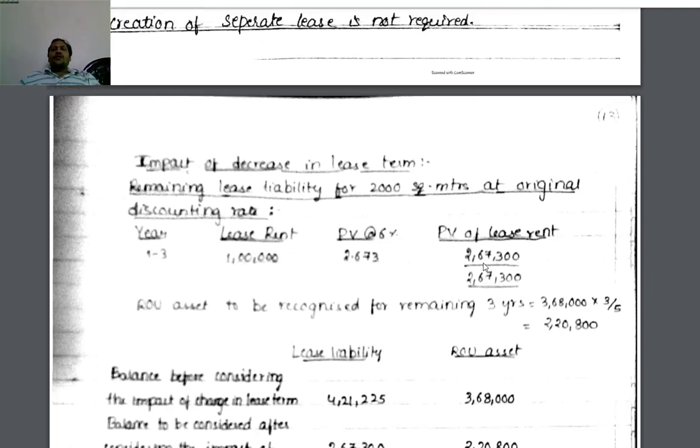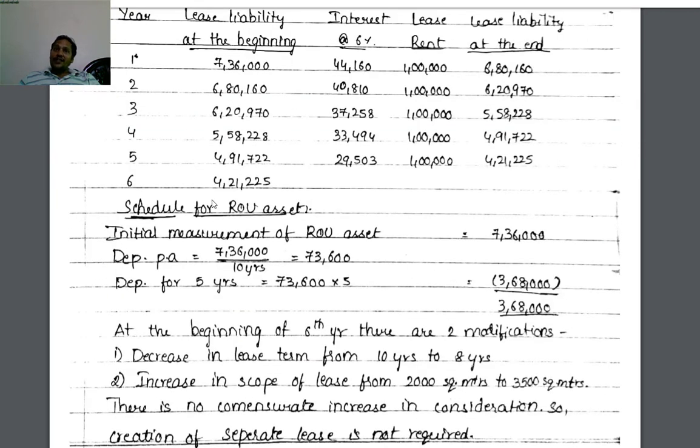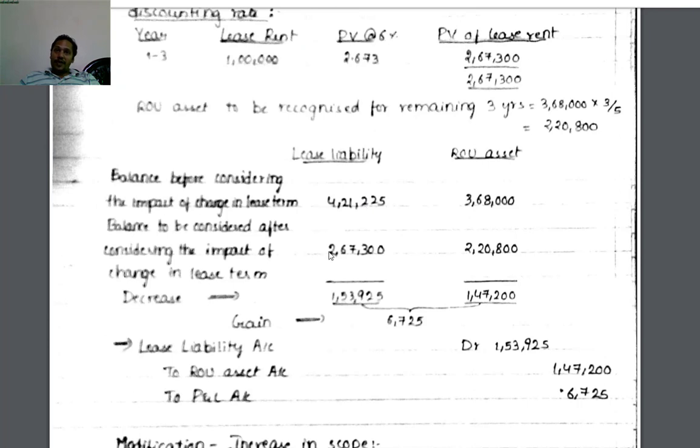We calculated 1 lakh for 3 years, it comes to 2,67,300 if it is for next 3 years only. But for next 5 years, it is 4,21,225 existing liability. From 4,21,225, it should be reduced to 2,67,300. That is decrease of 1,53,925. Decrease in lease liability.